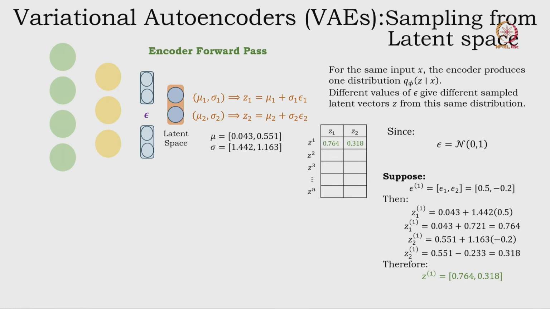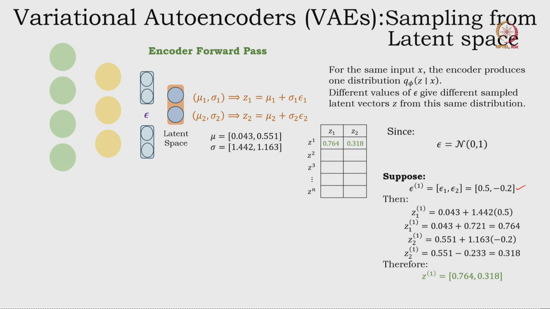Now for the given input, we have seen this in the theory concept very strongly: for a given input, n number of z can be obtained. So for this particular combination, this is what we have obtained. Now why do we get different values, even though mean and sigma are the same?